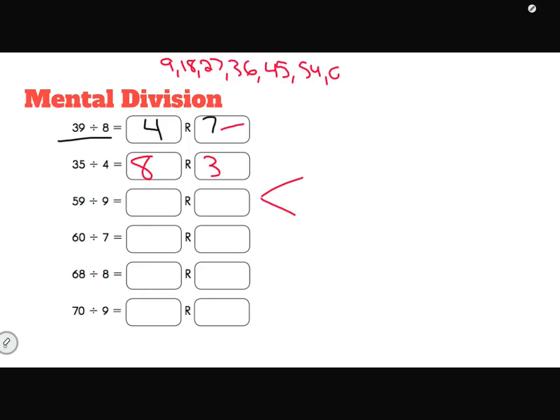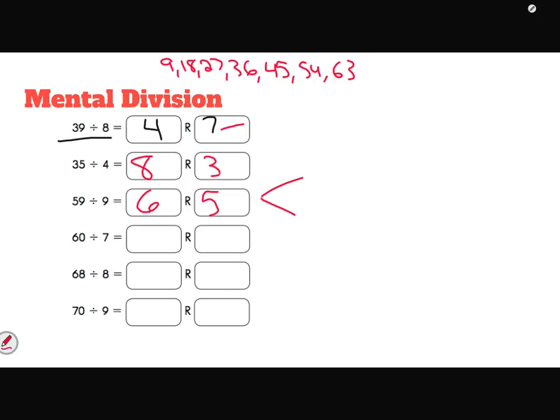I'm going to 59, so I know one of them is times 6. I'm going to take 9 times 6, gets me really close, which would be 54, 55, 56, 57, 58, 59, and I would have 5 left over.